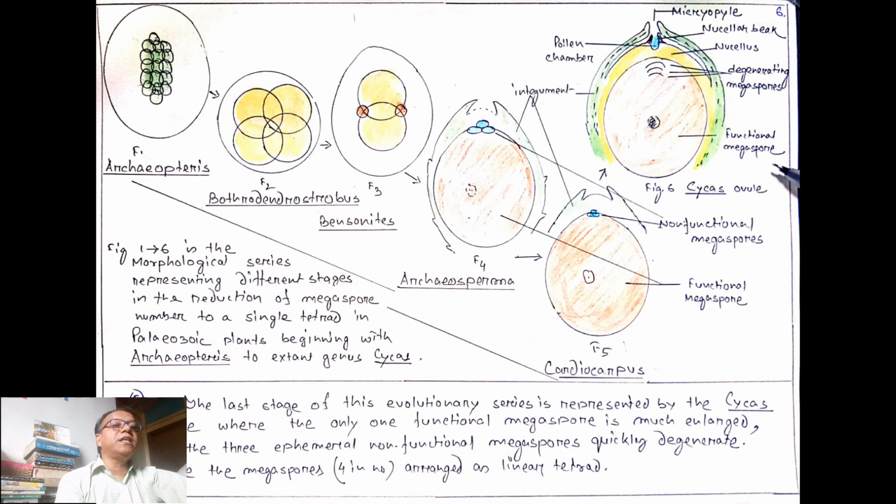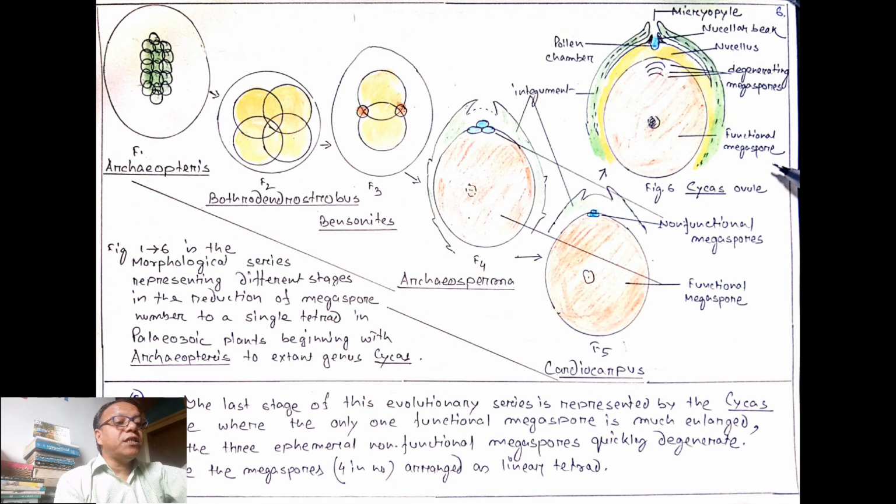Now, look at your screen. There is a series of ovules or megasporangiums. The first one is from Archaeopteris, second one is from Bothrodendrostrobus, third one is from Bensonites, fourth one is from Archaeosperma, fifth one is from Cardiocarpus, and the sixth one, the last one, at the corner of the right hand side, top one, is the ovule of Cycas.